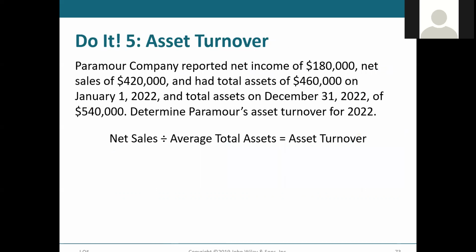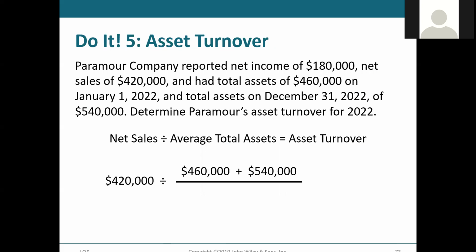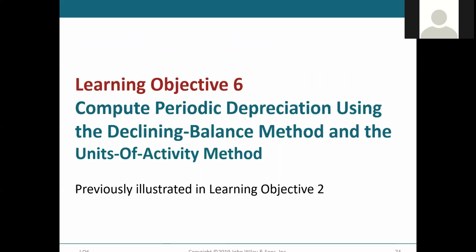Asset turnover: company reported net income 180, net sales had total assets of 460. We're going to take the net sales divided by the average inventory and come up with our 0.84.